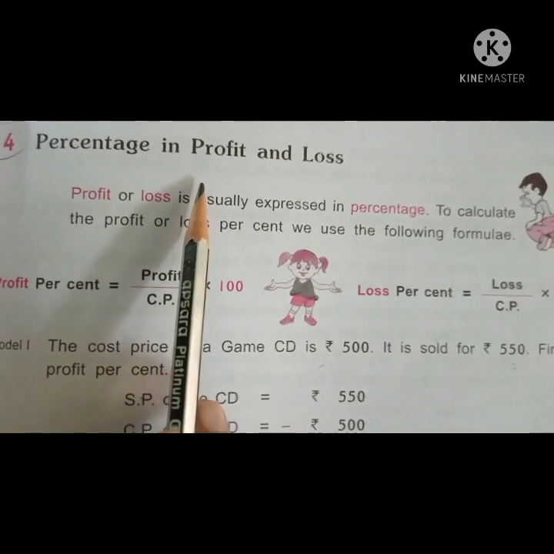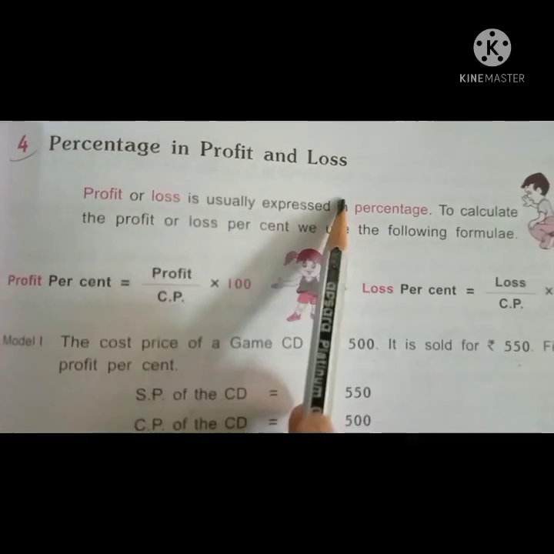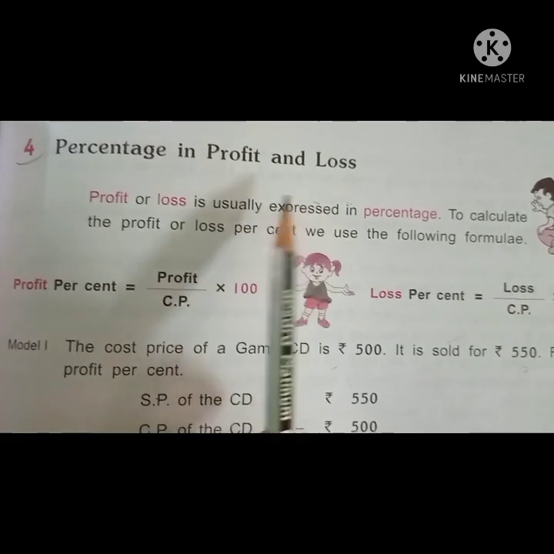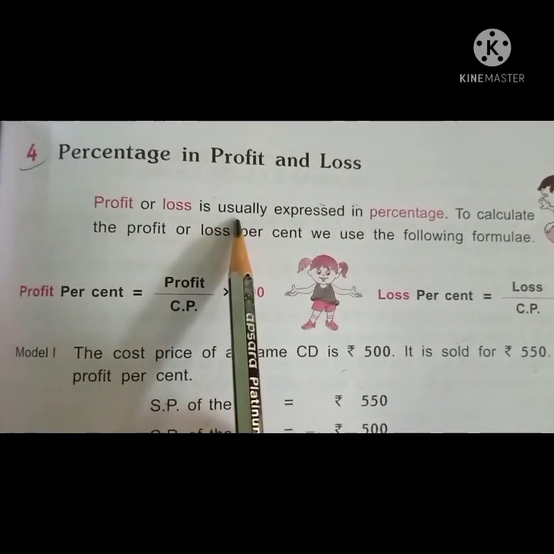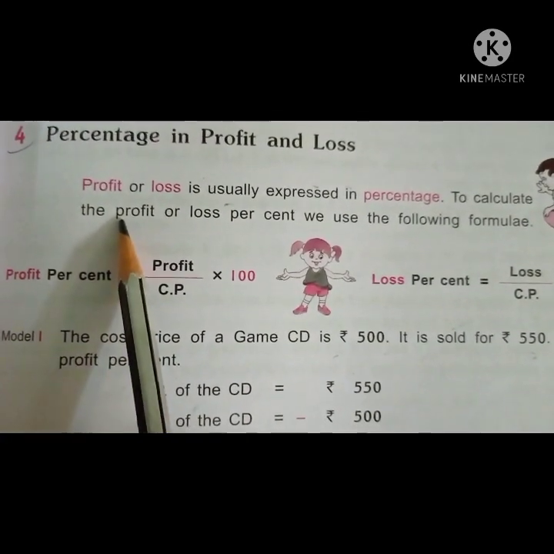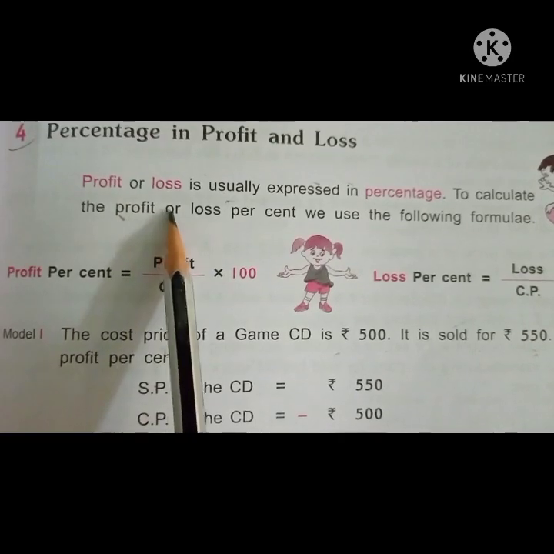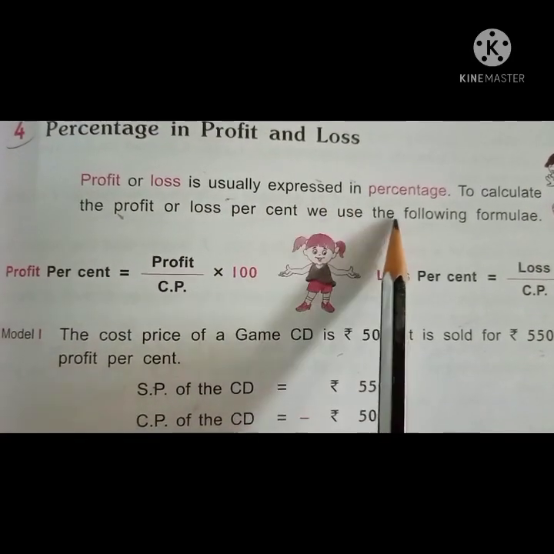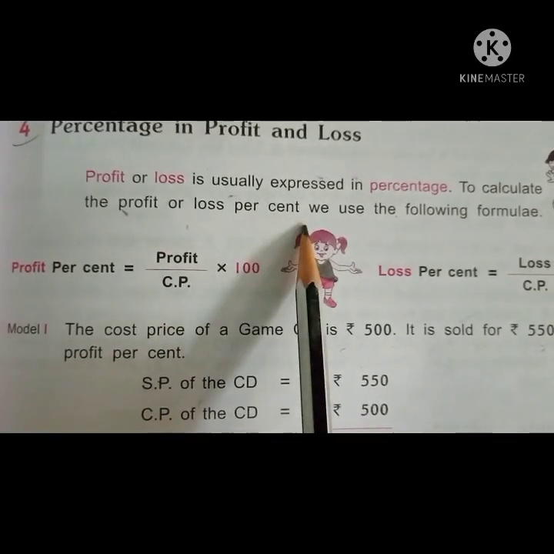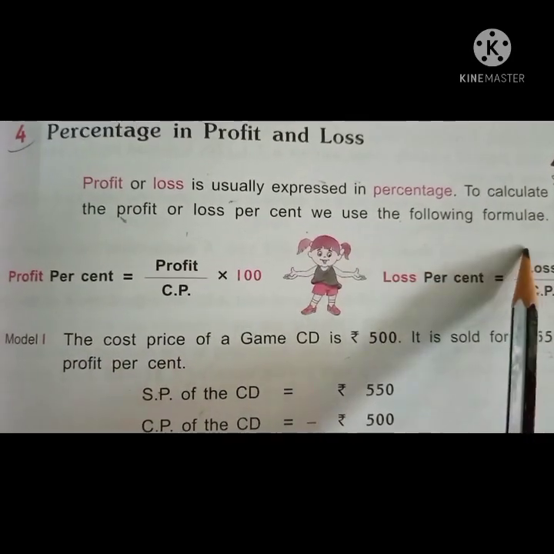So percentage in profit and loss. What is profit and what is loss? Already you know. Now we have to know the percent. What is percentage? Profit or loss is usually expressed in percentage. To calculate the profit or loss percent, we use the following formulas.